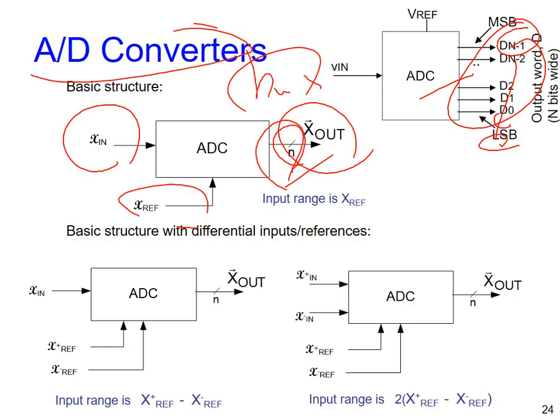Okay. Sometimes we have 2 references. It means your input will operate between these. Okay? And sometimes we have differential input.